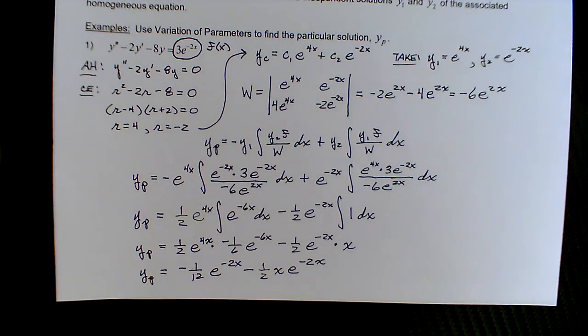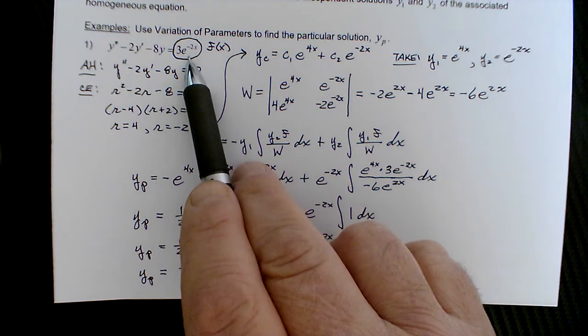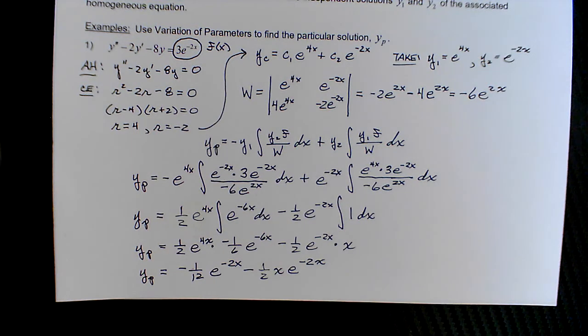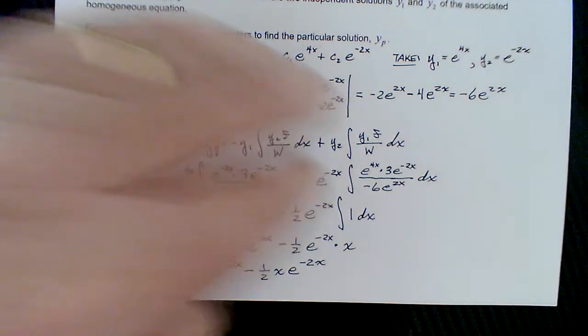One thing to note here is that you could actually solve this by the method of undetermined coefficients, because the function was an exponential function. So if you want to, for fun, you could do that. But I'm not going to give you an example like that.